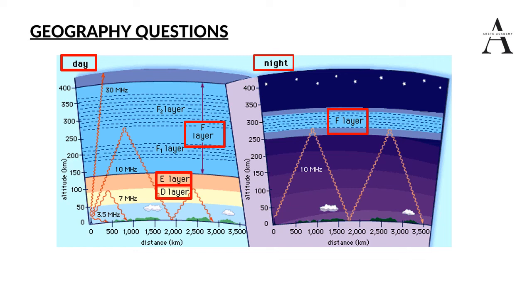D being the innermost, the D layer explains why AM radio gets disrupted during the daytime. During the daytime, the net ionization effect in the D layer is low, but the loss of wave energy is great due to frequent collision of the electrons.